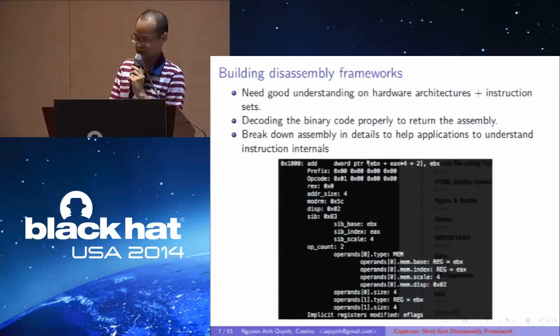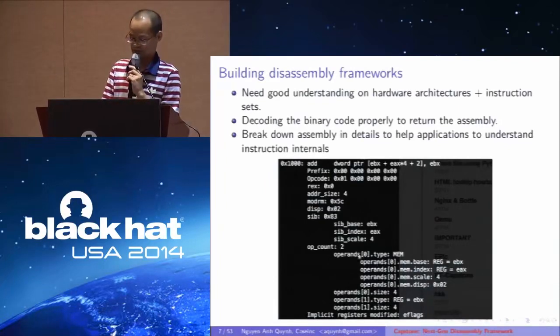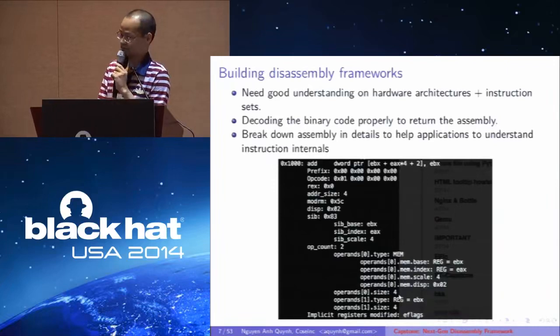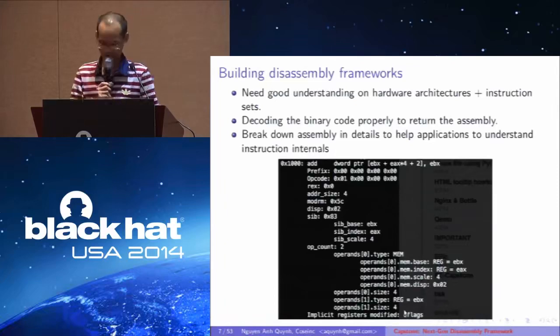And the offset of this array is 2 here. After that, it needs to tell me that the first operand has a size of 4 bytes. And so on. The second operand is the register, which is EBX in this case, and this one also has 4 bytes in size.